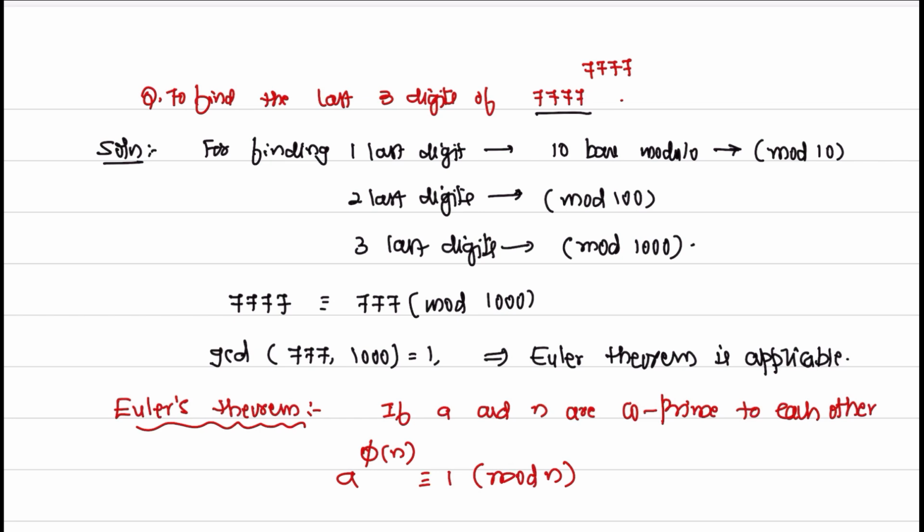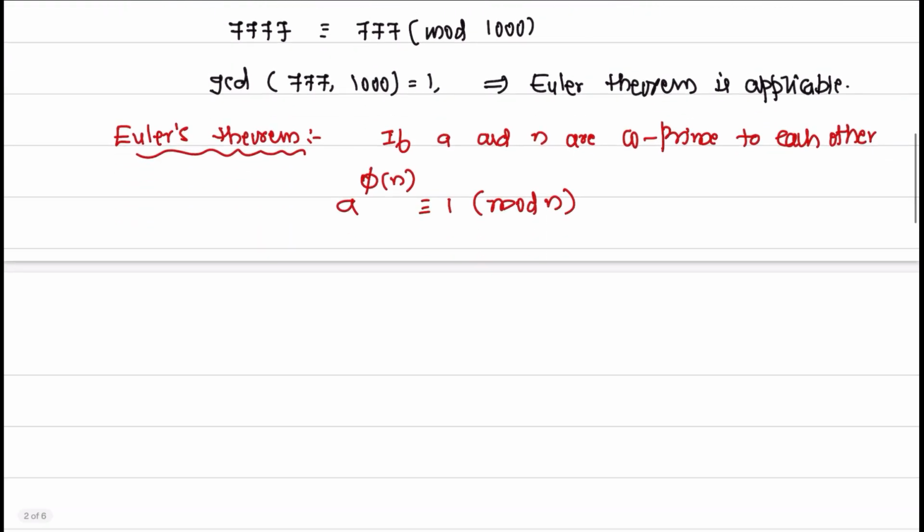This is Euler's theorem if A and n are co-prime to each other. Let us apply this Euler's theorem extensively for solving this question.